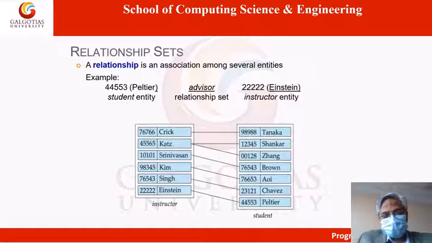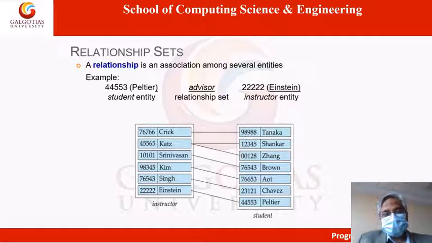For example, between an instructor and a student there may be a relationship of advisor, meaning an instructor may be an advisor to some students. Advisor means mentor. Here is the instructor set and here the student set, and these lines are the relationship.